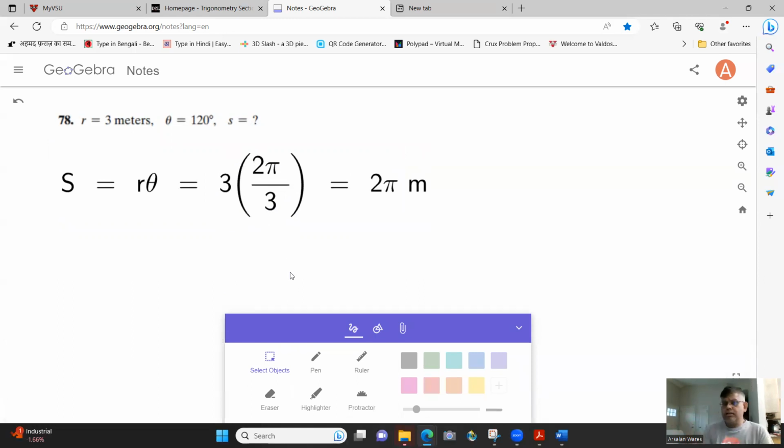So here's a hard one that involves the formula S is equal to R theta. I'm pausing here just a little bit, okay?